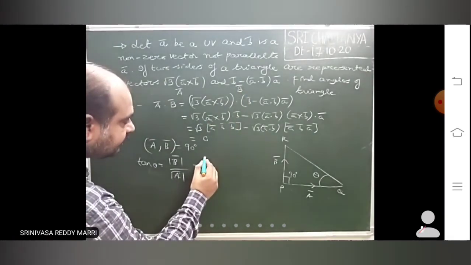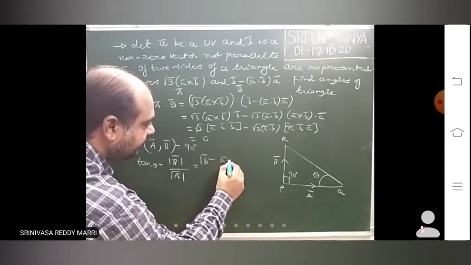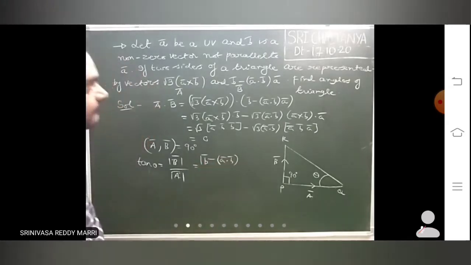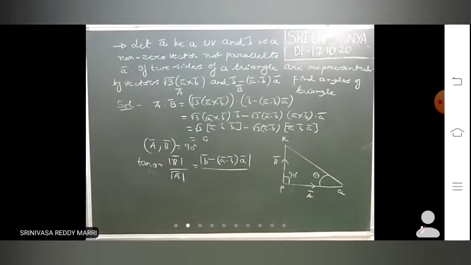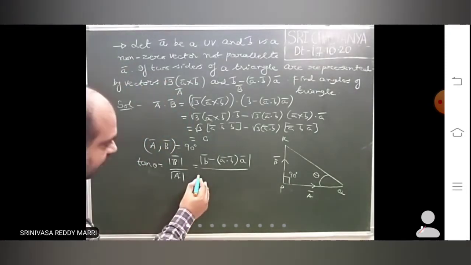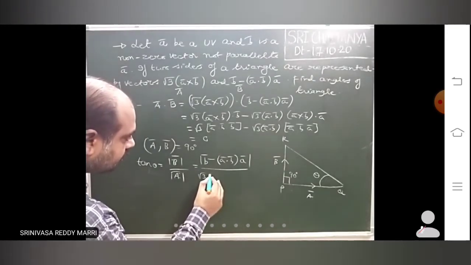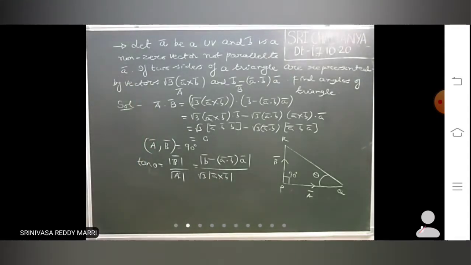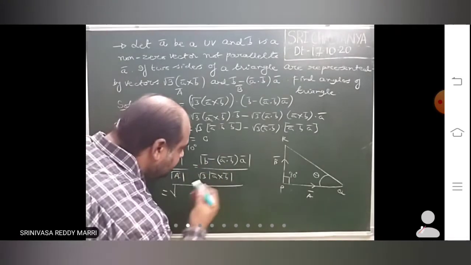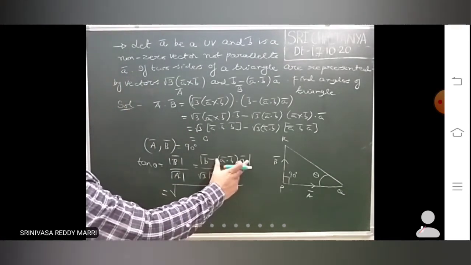Modulus B bar is nothing but modulus of B bar minus A bar dot B bar into A bar, divided by modulus A bar, root 3 into modulus A bar cross B bar. This we got. So now modulus of B bar minus A bar dot B bar A bar, I am writing the formula.